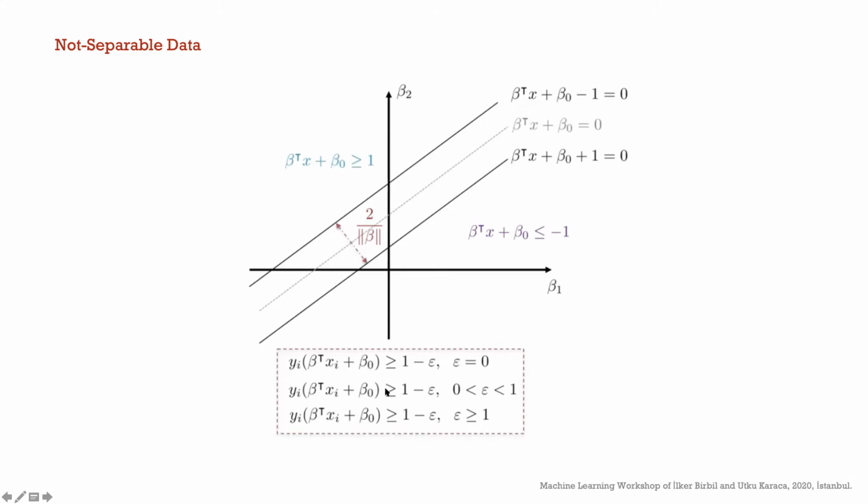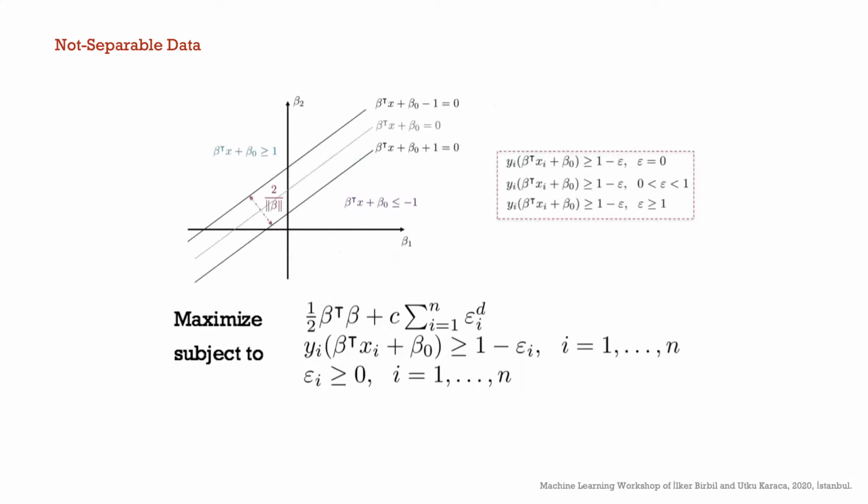Instead of the previous one, I'm able to define my constraints by adding my epsilons in here for some values of epsilon. And this is called soft margin. We are adding some soft margins in here. And now, instead of quadratic function of this one, we are maximizing that guy.